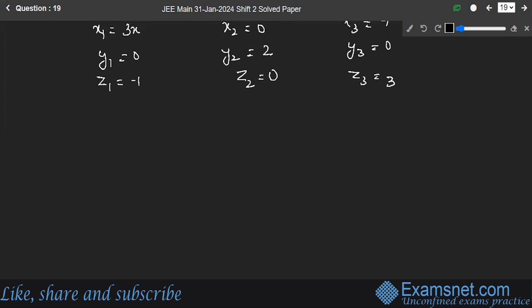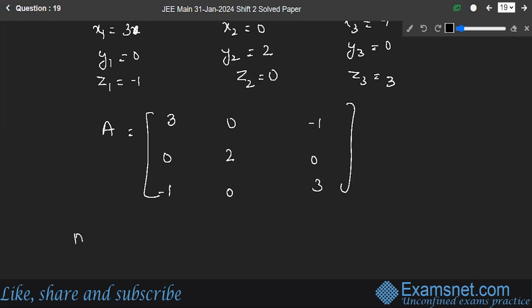So now the A matrix will be given by 3, 0, -1, 0, 2, 0, -1, 0, and 3. Now A minus 3I.